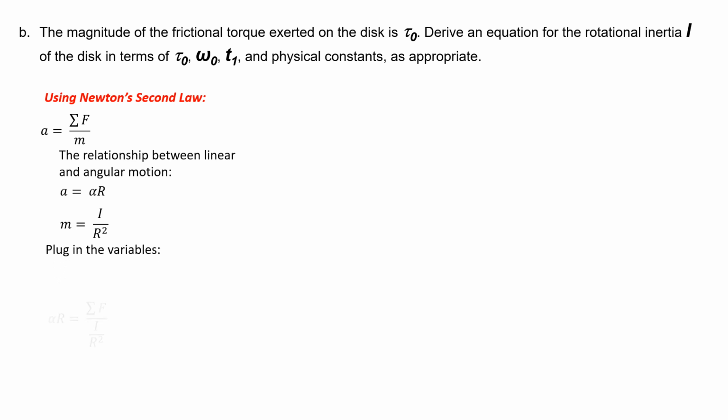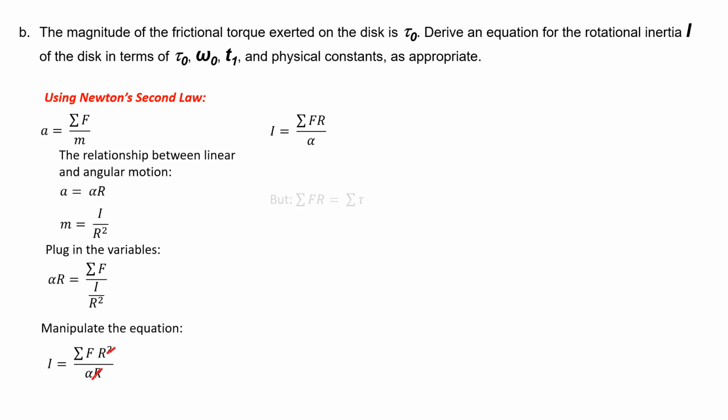Let's plug in the variables. So now alpha times r is equal to the summation of forces over I over r squared. So manipulate the equation. Now we have I, which is the net force times the square of the radius over alpha, which is acceleration. Now we can cancel our r's, so there's no more r squared, just one remaining r in the numerator.